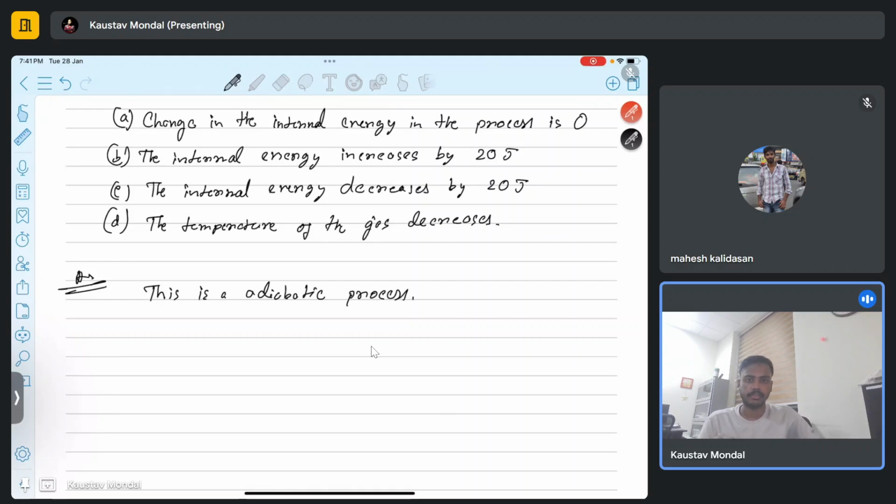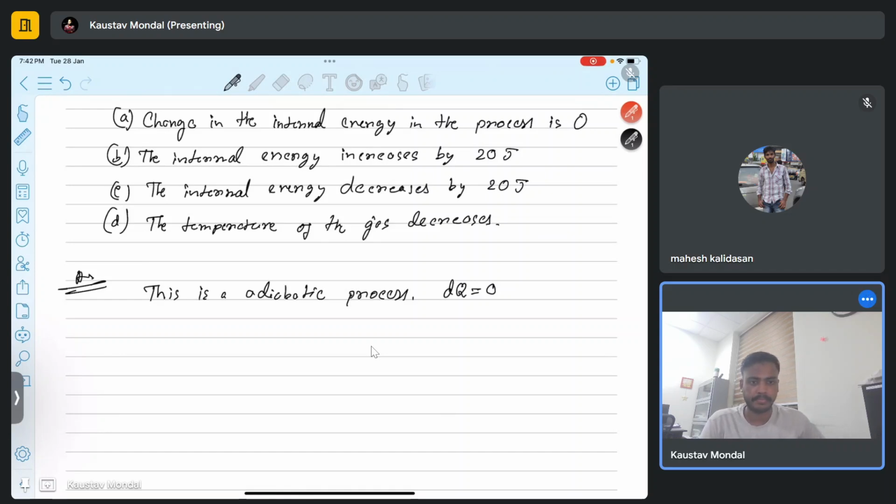So adiabatic process means dq will be equal to 0. Basically there is no heat exchange in the system, so dq will be equal to 0.